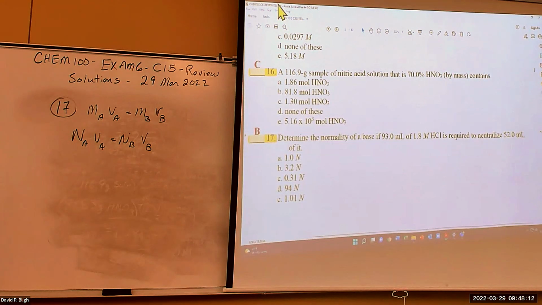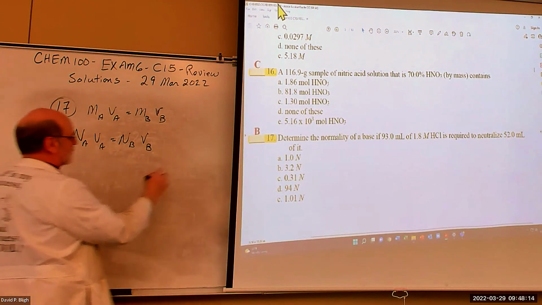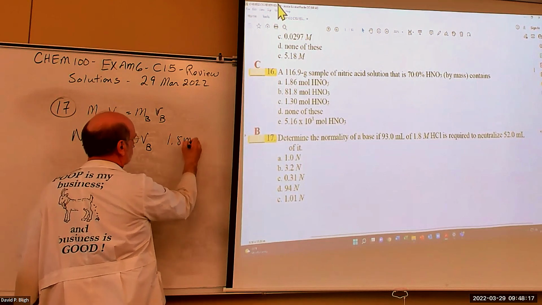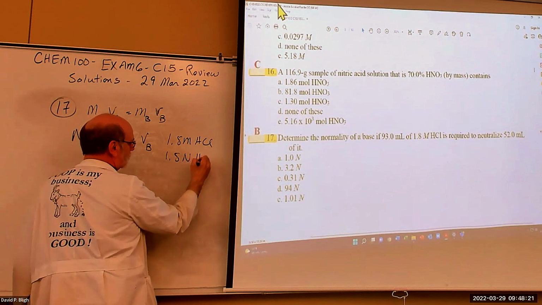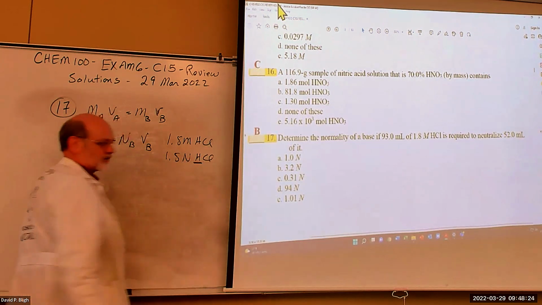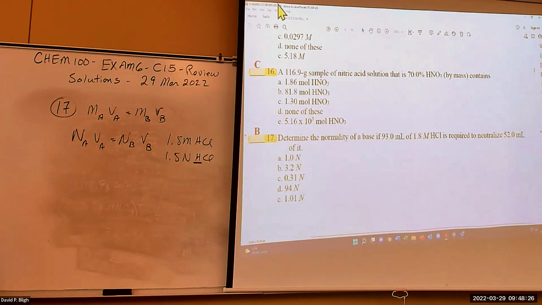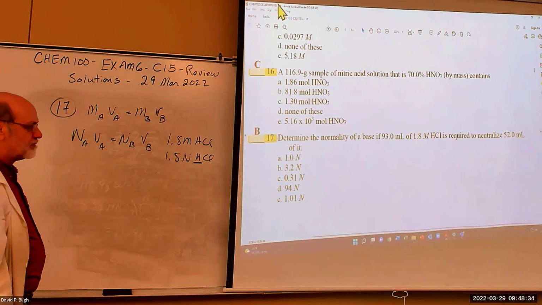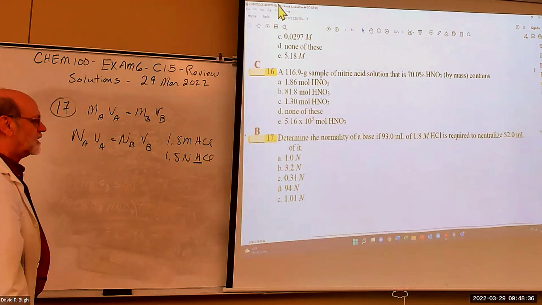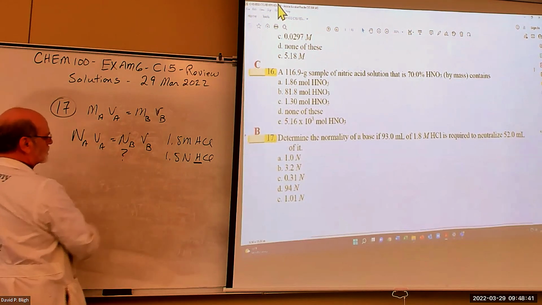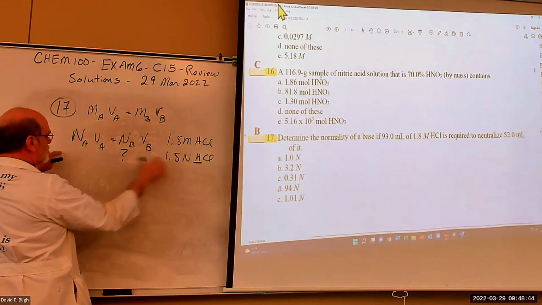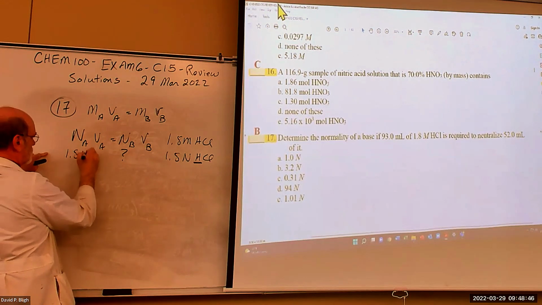What's the normality of HCl? If HCl is 1.8 molar, it's also 1.8 normal, because there's only one hydrogen per molecule. So the molarity and the normality are exactly the same. Okay, so now what's the normality of the base? Well, this is our unknown. We know the normality of the acid, 1.8.